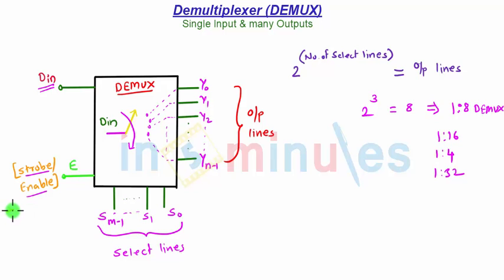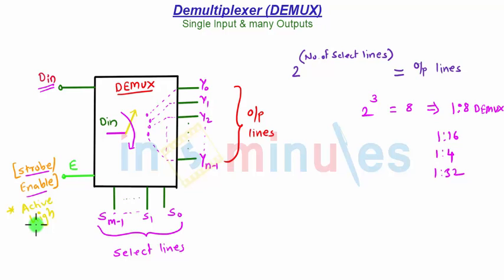So I am mentioning here it is active high, while in the case of a multiplexer we use active low. So active high enable is used. With the help of this enable pin, the IC is activated and the data is distributed over the number of outputs depending on the combination of input lines.